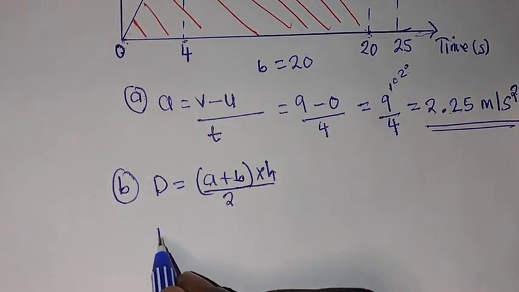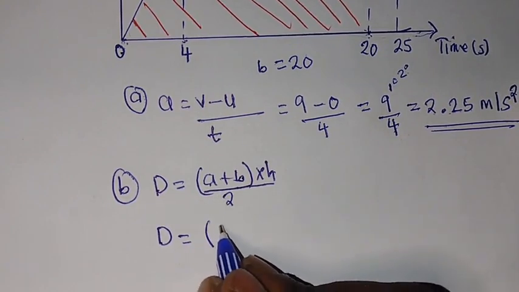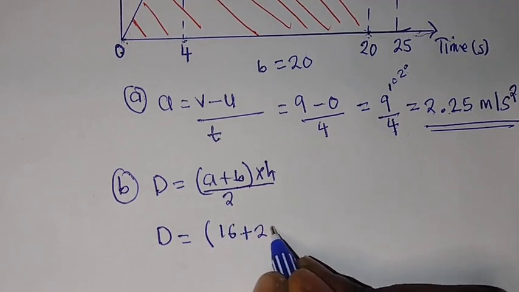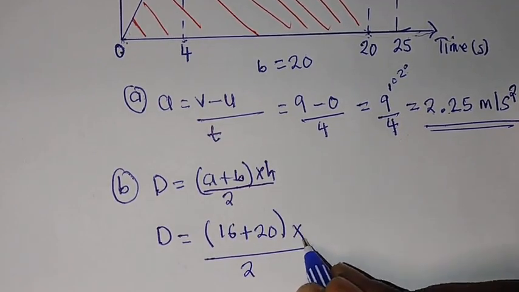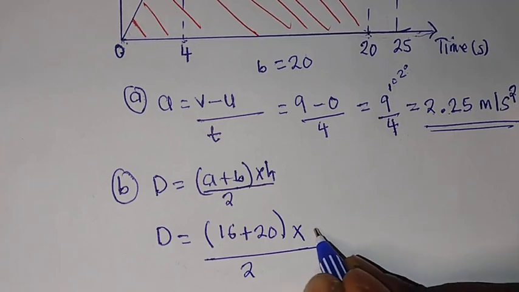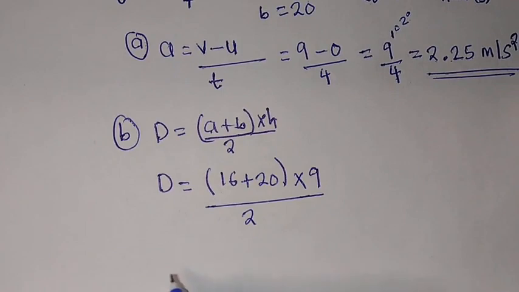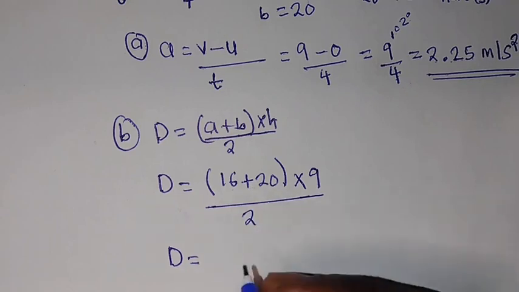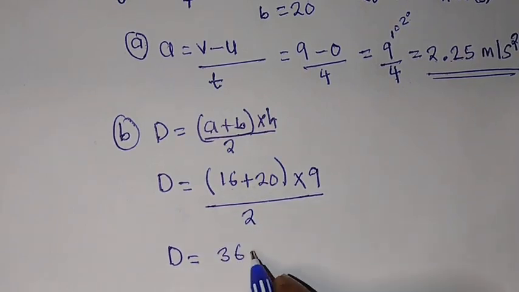We are going to write distance is equal to, open bracket, where there is A, we are putting 16, plus where there is B, we are putting 20, over 2, times the height, which is 9. Okay, then from here we can say distance is equal to 16 plus 20, this will give us 36.